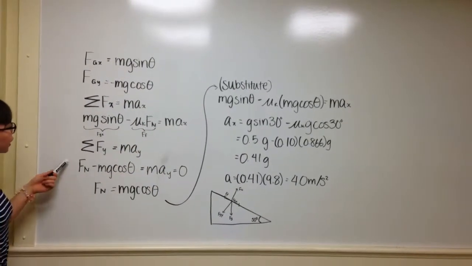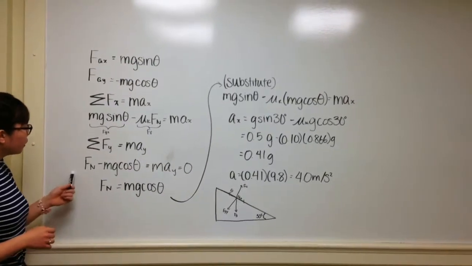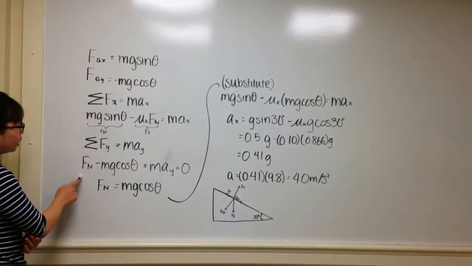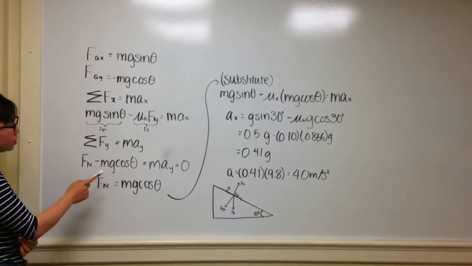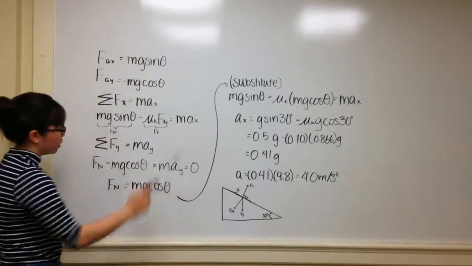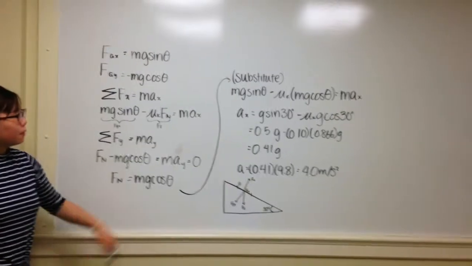And for the y direction, it's similar, except you are using the normal force. So the summation of forces in y equals F normal minus mg cosine theta, which equals may, which equals 0. So you know that F normal equals mg cosine theta.